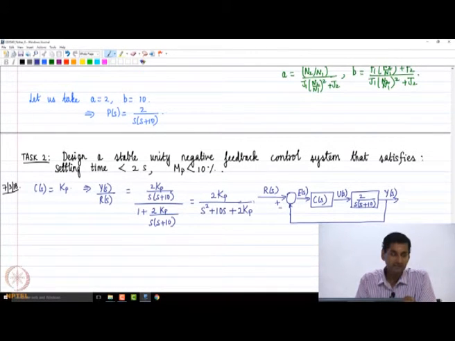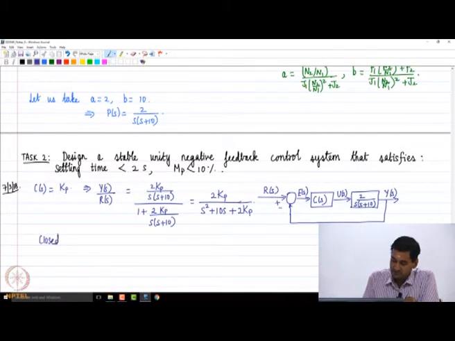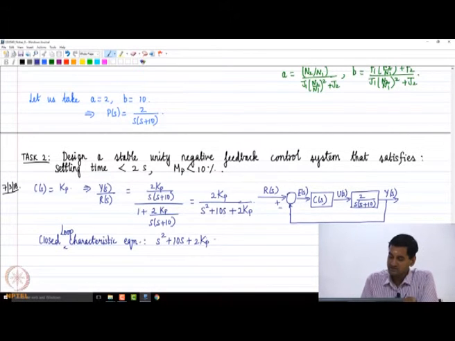Now, what values of Kp do you think would make the closed loop system stable? Immediately we can realize that the closed loop characteristic equation is going to be s squared plus 10s plus 2Kp equal to 0.